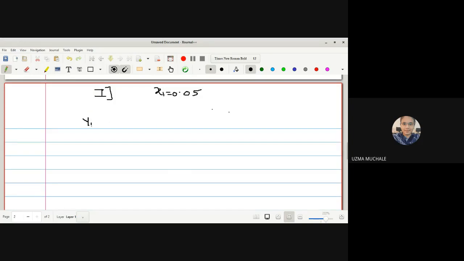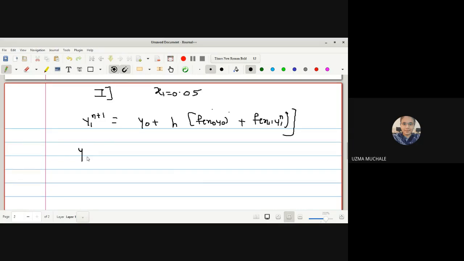Let me write down the formula. y1 raised to n plus 1 is equal to y naught plus h by 2 times f of x naught y naught plus f of x1 y1 raised to n. Put n equal to 0.